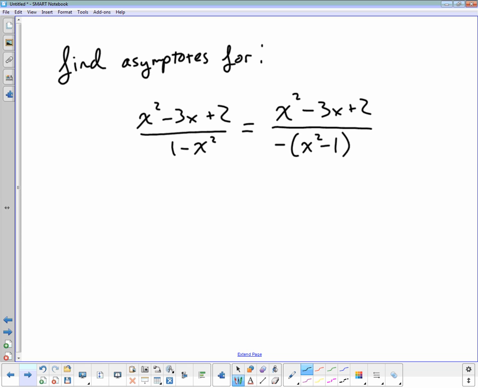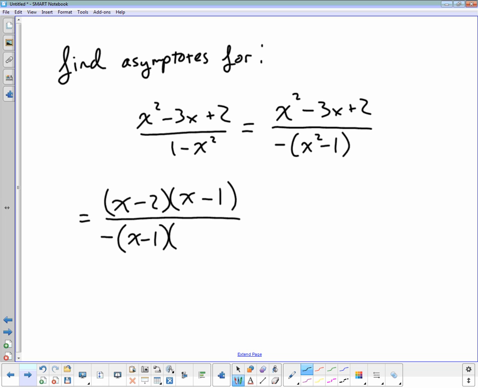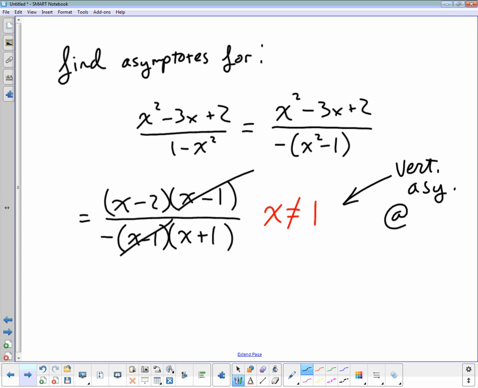And then at this point, we were down to x not equal to 1. So immediately we know that we have a vertical asymptote at x equals 1.